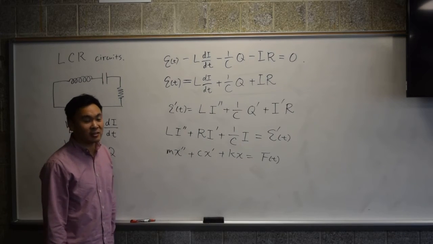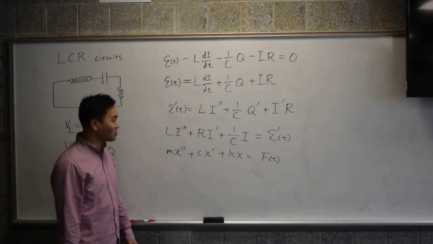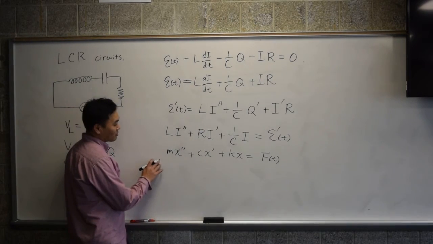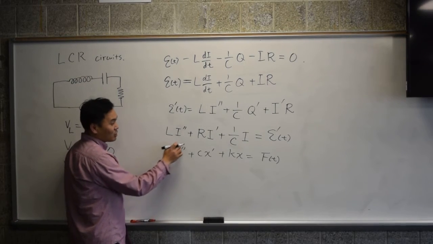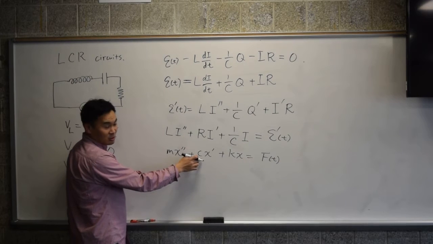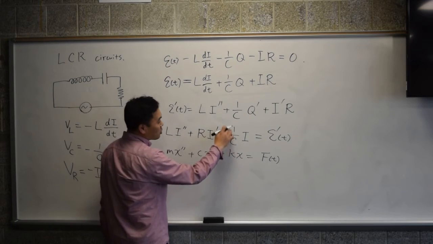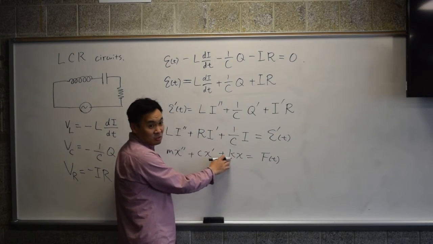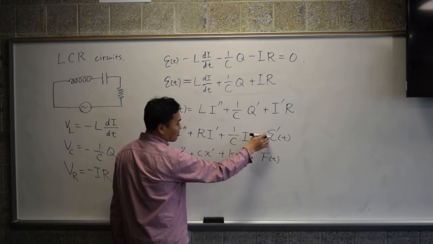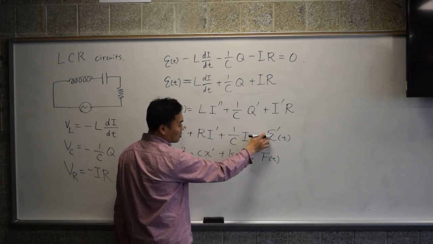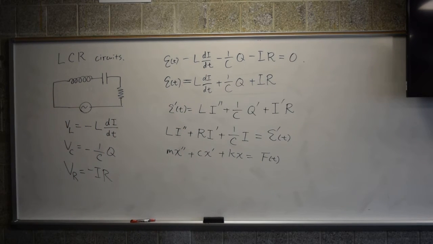So you can make an analogy between the two systems. Inductance is like mass. Resistance is like the resistance coefficient. And 1 over the capacitance is like the spring constant. And the derivative of the external voltage is like the external force.